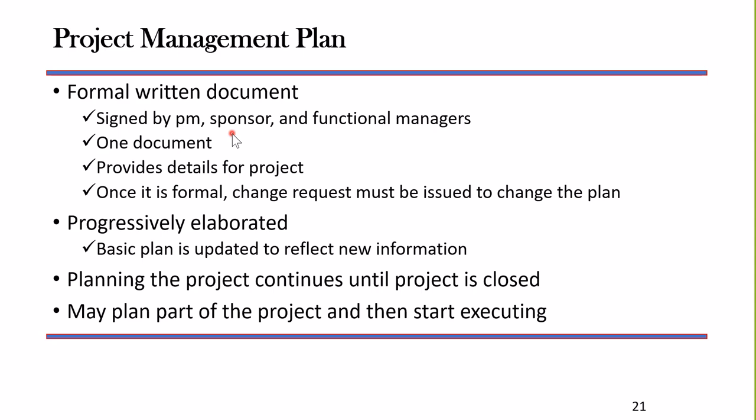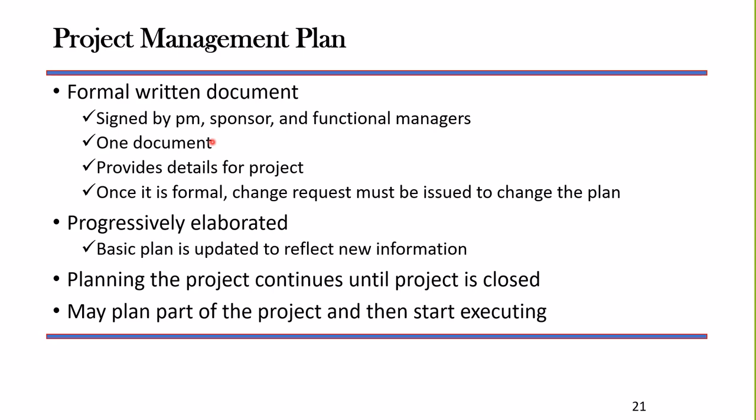It's formal, it's written, it's signed by key people that are associated with the project. It is progressively elaborated. That term, progressive elaboration: as I learn more about my project, I update the plan to reflect that information. The planning on projects, listen to this.